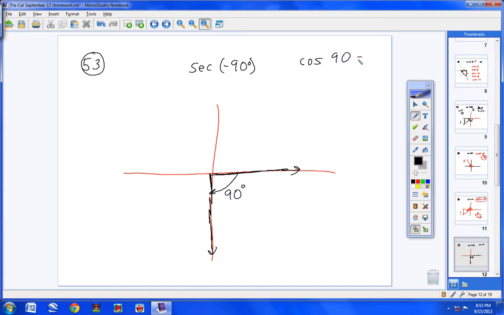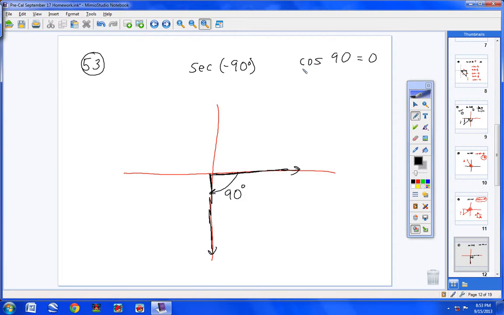Now I want to teach you something here you need to know. If the cosine of 90 is 0 and you flip 0, you get 1 over 0, and that's undefined. Let me say that again. You're trying to find the secant of 90 degrees, right? Sure we are. And so in order to find the secant of 90, we're going to find the inverse, which is cosine of 90, and then whatever we get out, we're going to flip it.